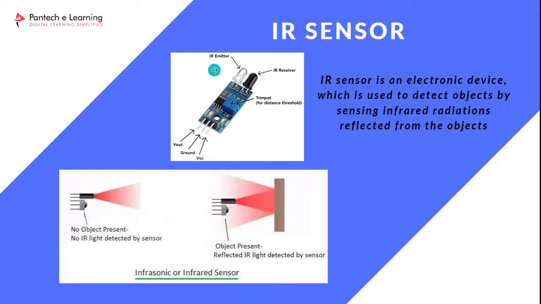Generally the IR receiver LED is darker, which means this black one, whereas the transmitter is transparent in color. You will get 3 pins: one is the output pin, one is the ground pin and another one is VCC. This is the digital output pin. So this is what IR sensor is.